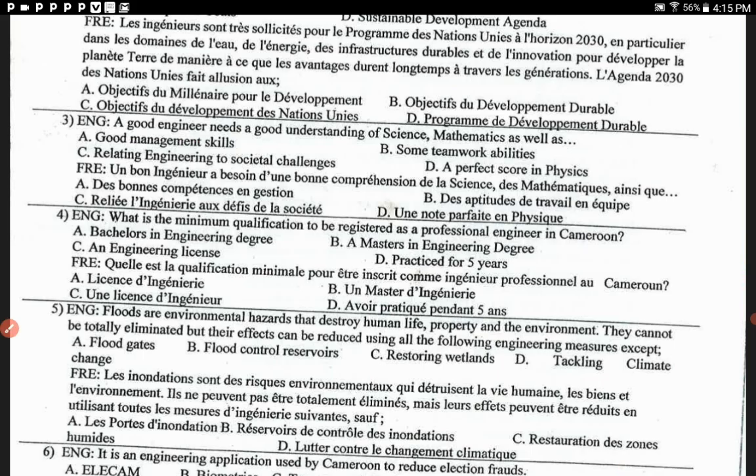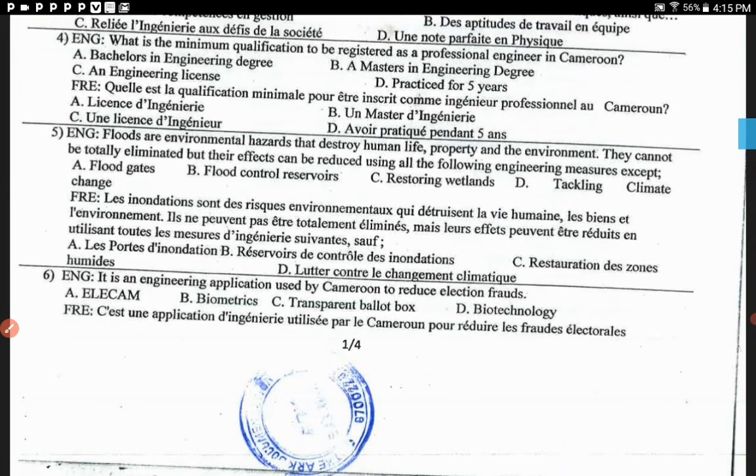That's going to be question 5. Yeah. All right, question 5. Floods are environmental hazards that destroy human life, property, and environment. They cannot be totally eliminated, but their effects can be reduced using all the following engineering measures, except.